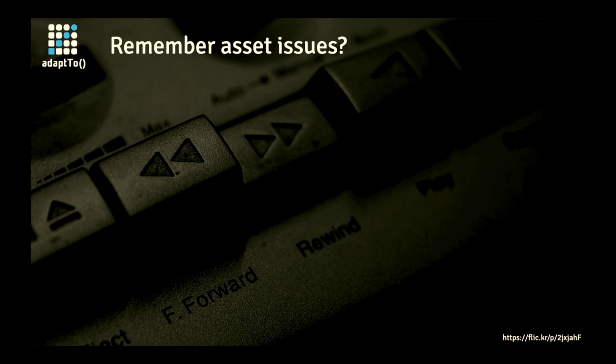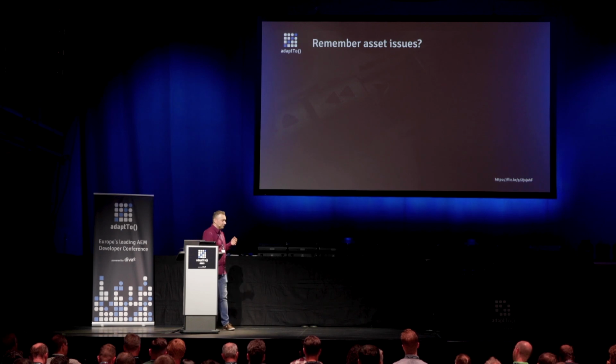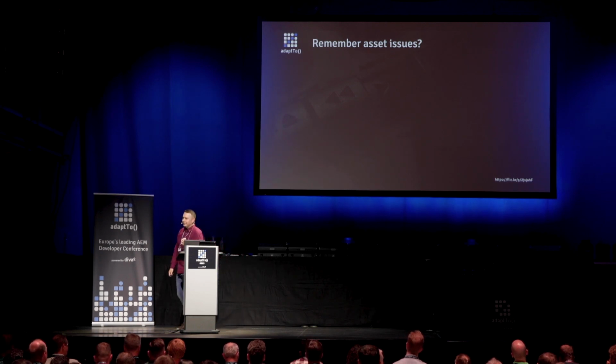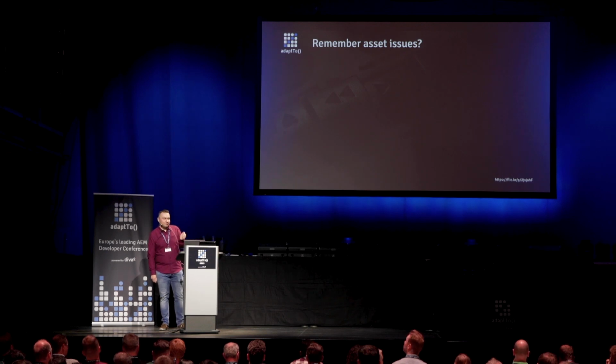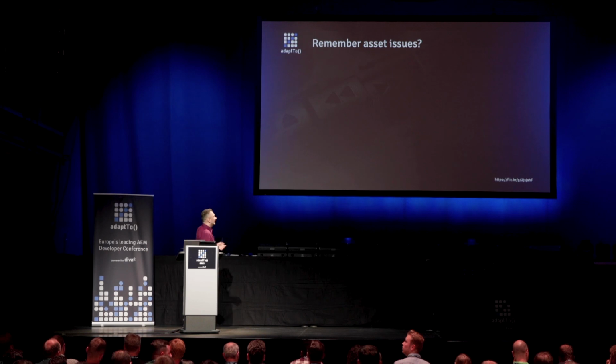But the story doesn't end here. If you remember those assets issues that we had with totally missing dynamic media and asset data in general, we experienced something similar a few months later. But it broke in a way that we never intended or never programmed to break.